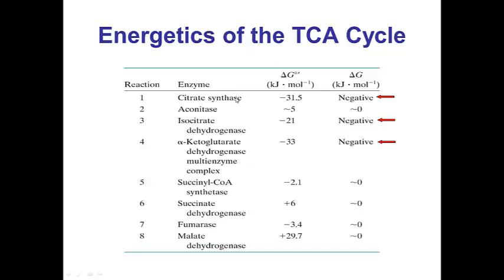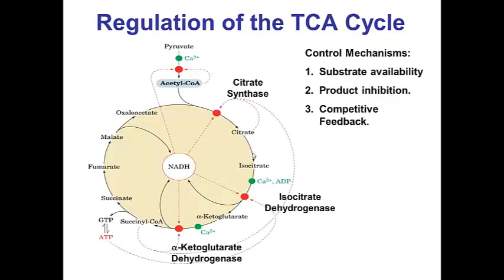However, the citrate synthase reaction, the isocitrate dehydrogenase reaction, and the alpha ketoglutarate dehydrogenase reaction are all operating at a negative delta G. So this should tell you that all of these steps are going to serve as control points for the TCA cycle. And in fact, that is the case.